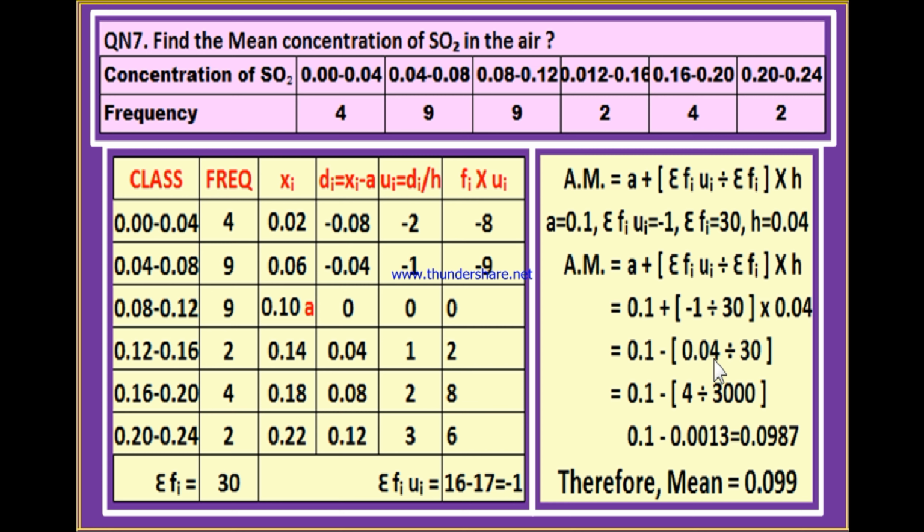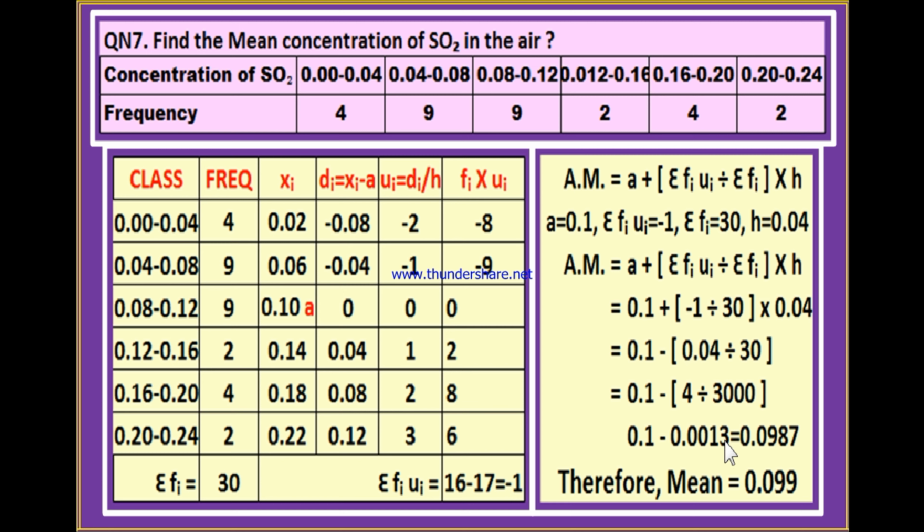Here how many places are there after decimal? After decimal there are 2 places. Therefore, if you remove this decimal and write 4, then you have to keep 2 more zeros beside 30 so that it becomes 3000. This is 0.1 minus 4 divided by 3000. Now divide 4 with 3.